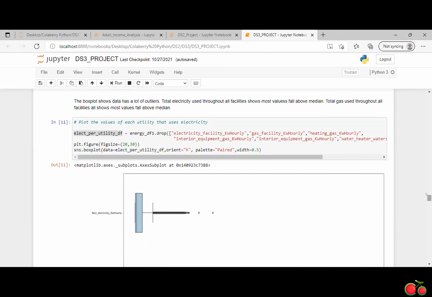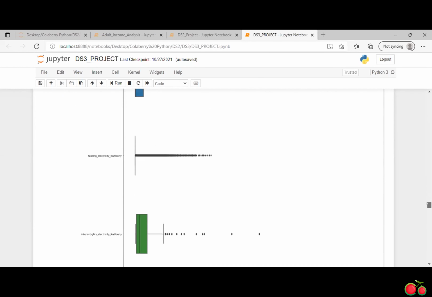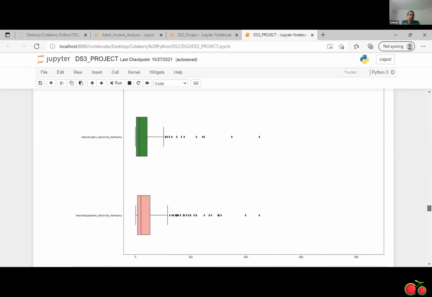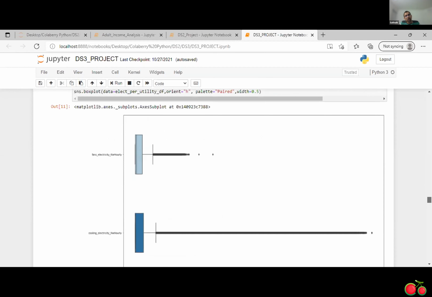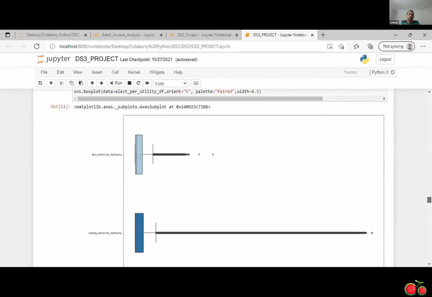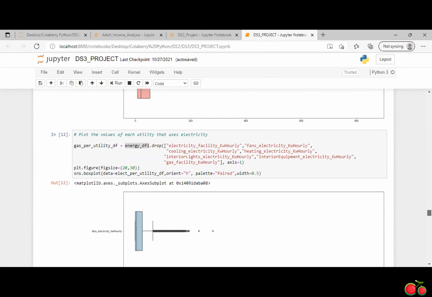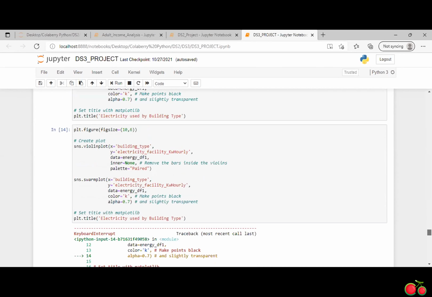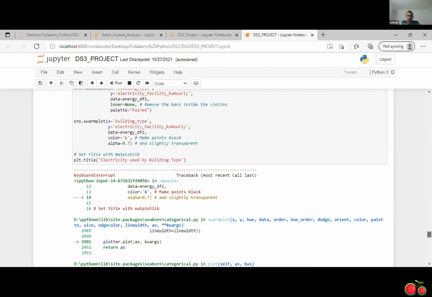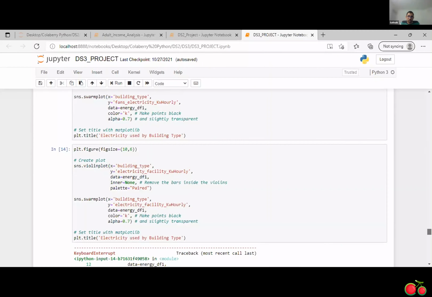But I think we'll take this out and do the individual plots. You could do one plot for the total electricity, then the individuals, and then one plot for gas, and then the individuals. Not a problem. You'll have probably 7, 8, 10 plots. That's fine. The more, the better.